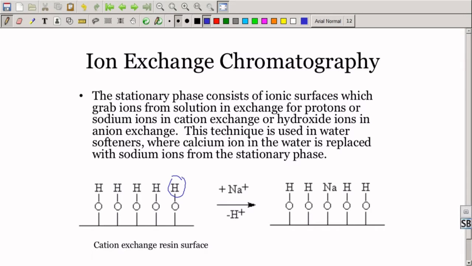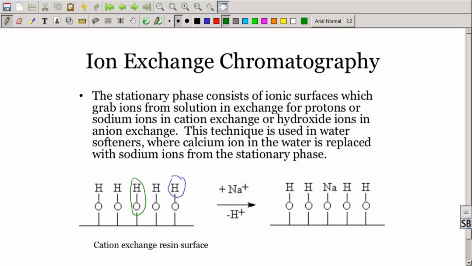It works very well. Now you can also do this with anions. You have anion exchange resin where instead of having an acidic proton, what you have is a hydroxyl group on the surface of your ion exchange resin that will come off easily, and it will exchange with anions.